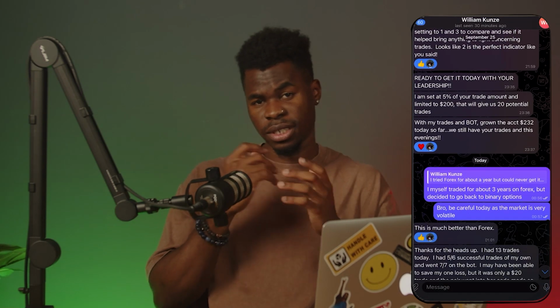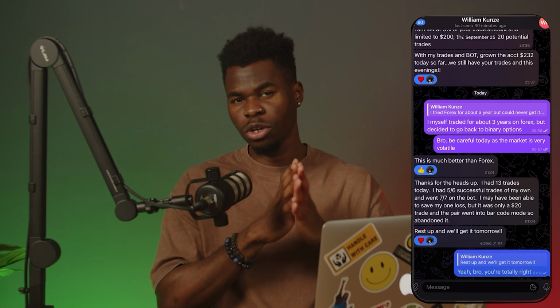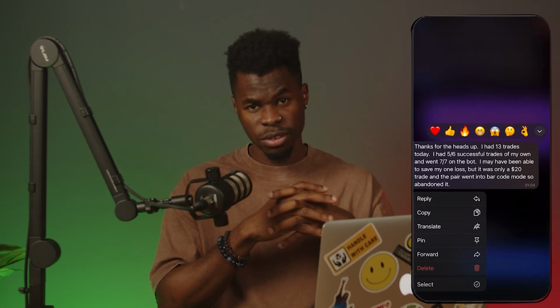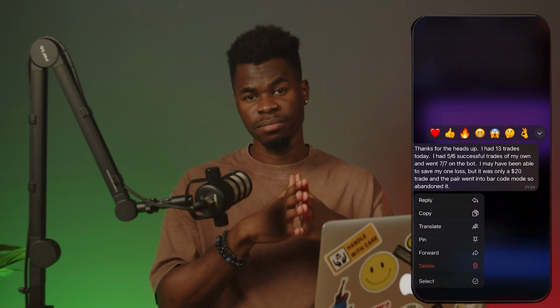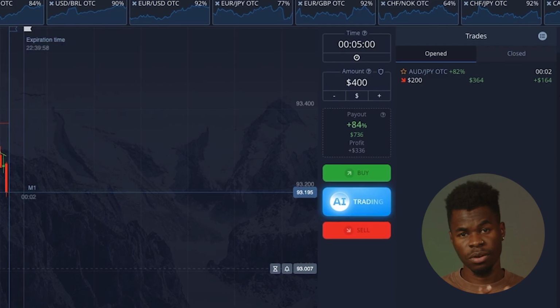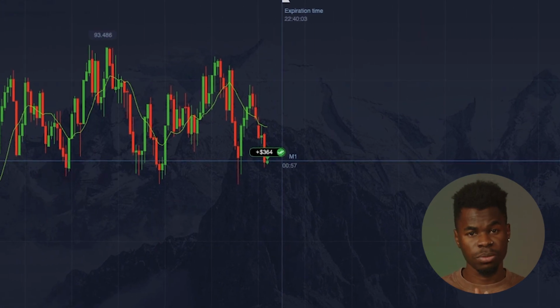It's important to understand that blindly following signals is a road to failure. If you use your brain, analyze, and combine signals with technical analysis, you can avoid mistakes and grow your capital. Here is a great example of a profitable trade, thanks to my AI bot.